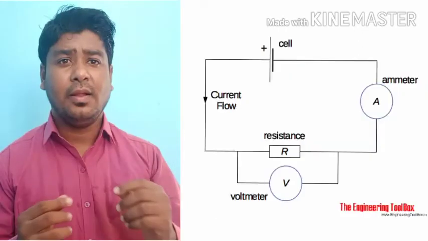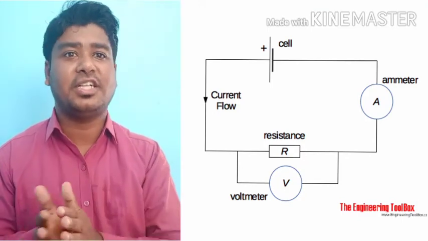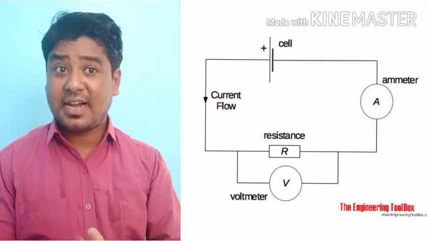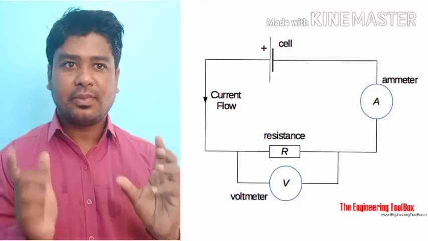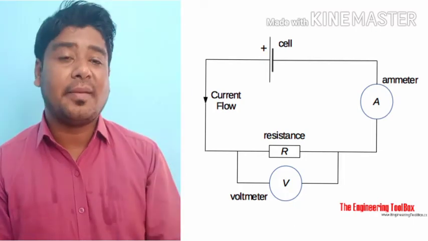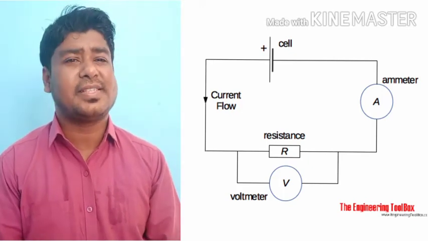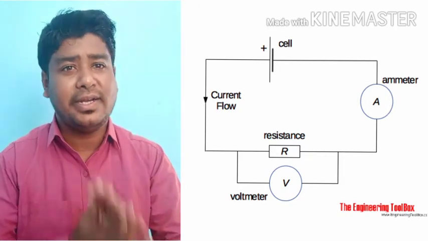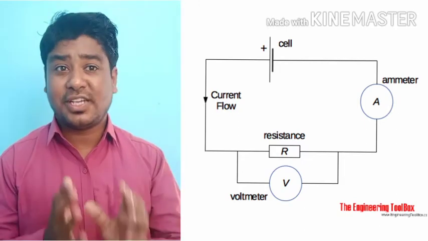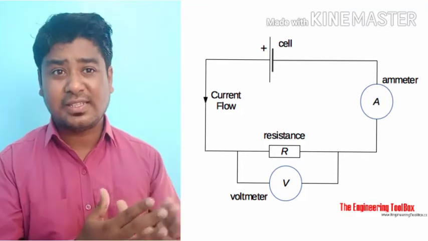Fine. Before going for the relationship between the current and the potential difference, we should understand an electrical circuit and what are its components, and by what symbols they are represented. You have learnt it in your 7th, 8th, in the previous classes, so I will not go into detail about that. You have to just remember the symbols and how it is connected. So you can look at the slide here.